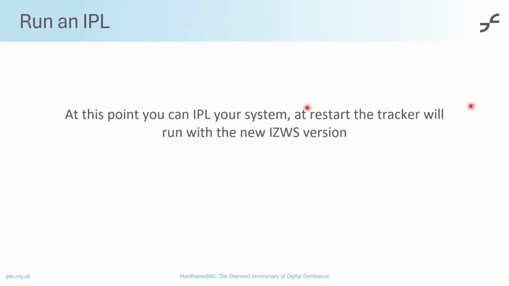And then you simply need to run an IPL. So this process is pretty straightforward. So tracker upgrade, it's really simple. And after the IPL, the tracker will restart running the new IzWS version.